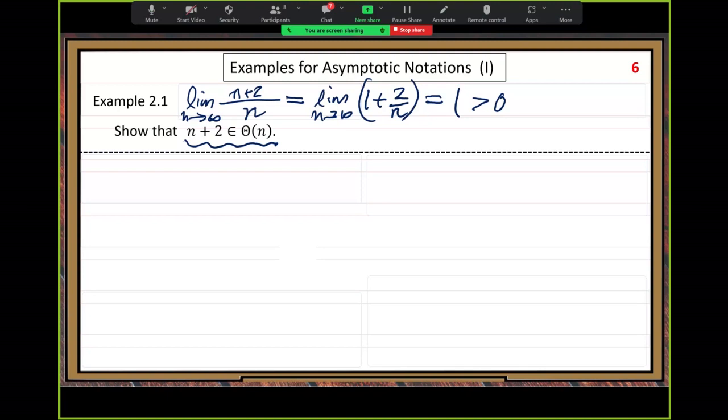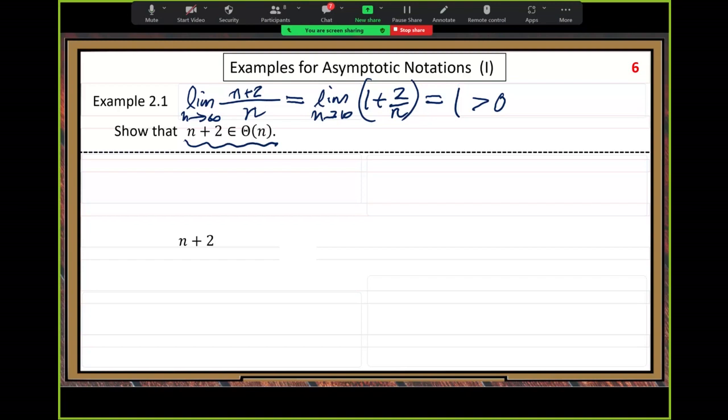Limit method. Second method, we need to use the definition of big theta, upper bound and lower bound. Let's write the f function first. We need to find a constant C1 for the upper bound part and a constant C2 for the lower bound part.